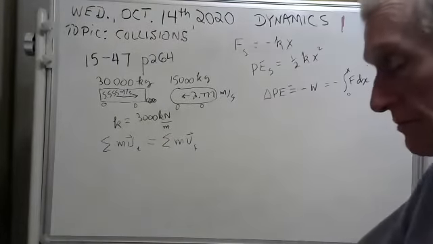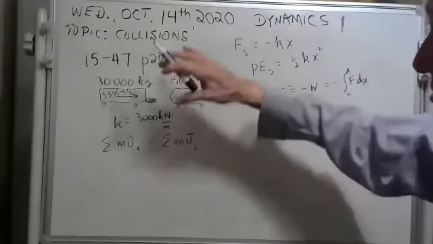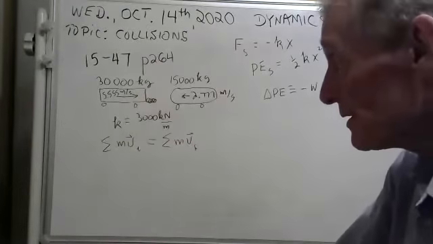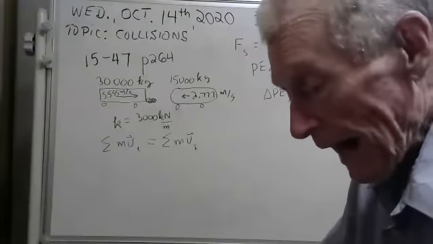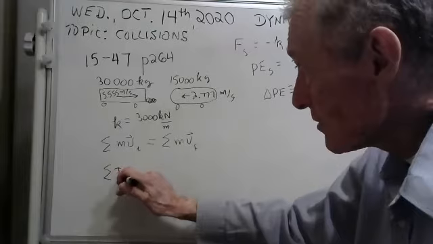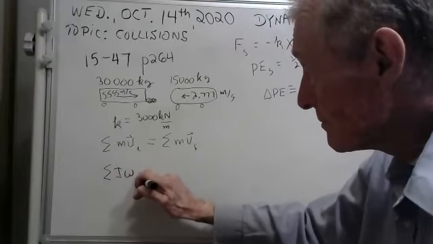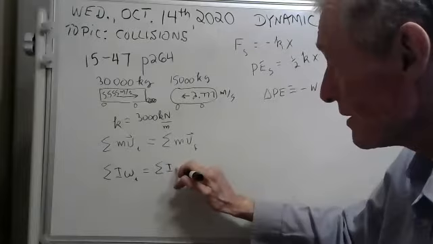Now later, not far down the road, we're moving along. Gosh, it's October 14th already. We will study the conservation of angular momentum, and it will look something like this. We don't know how to do that yet.